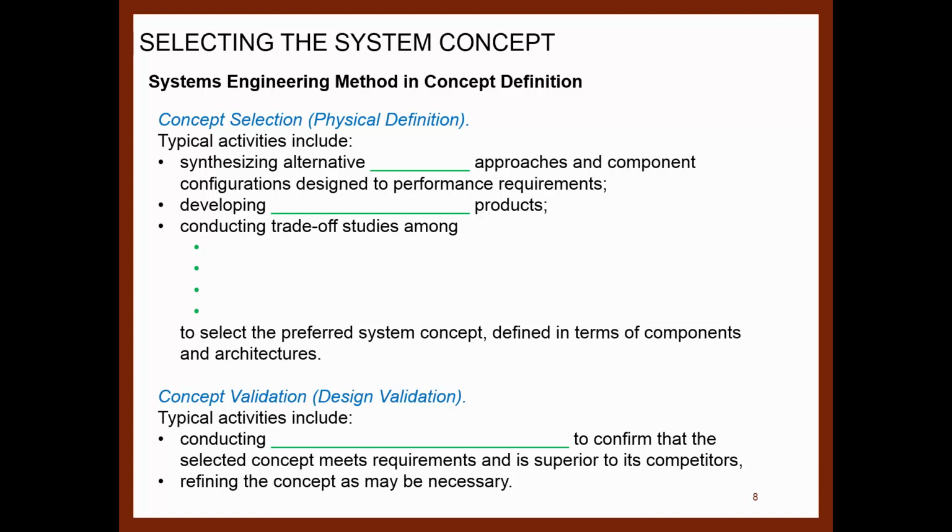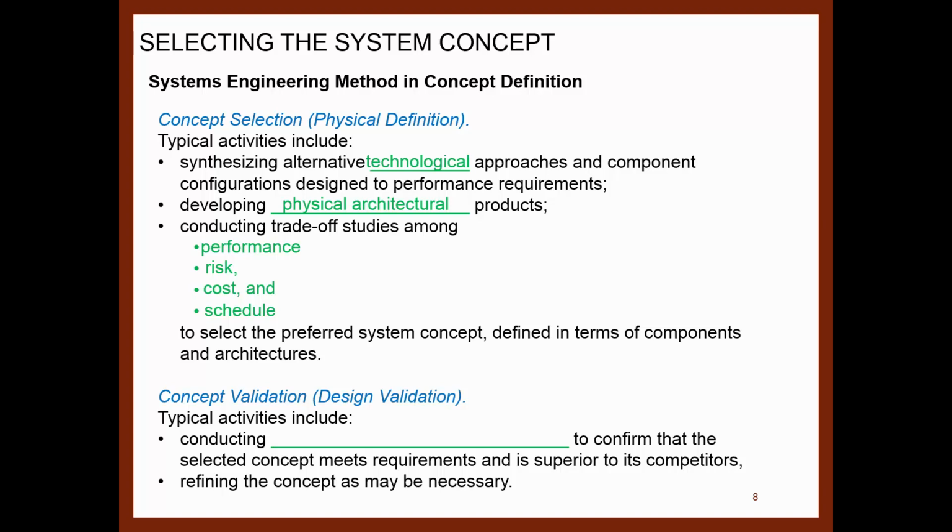In terms of the concept selection or the physical definition, typical activities include synthesizing alternative technological approaches and component configurations designed to meet performance requirements. Here we're going to start looking at the technology, developing physical architectural products, and conducting trade-off studies among performance, risk, cost, and schedule to select the preferred system concept defined in terms of components and architectures.